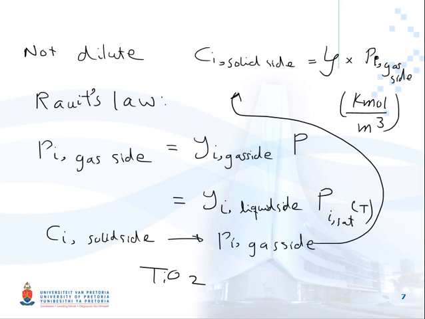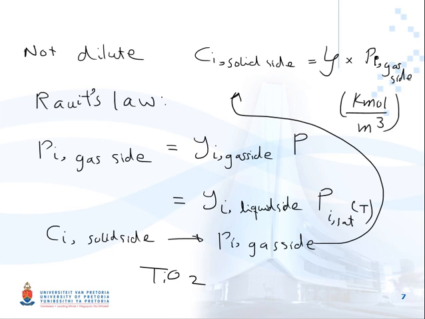Solubility data for some gas-solid combinations are given in table 14.7. Please go and look at them. You don't need to memorize anything. You just need to know where those tables are, what information they are giving you, and if you need them, you go there and read your numbers from those tables.